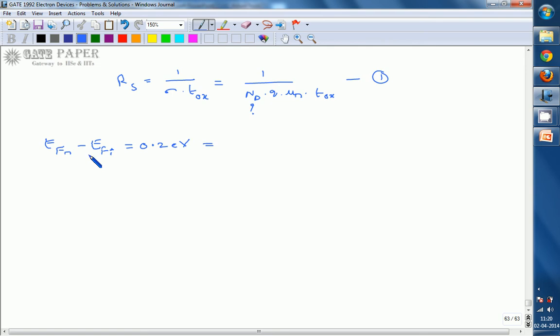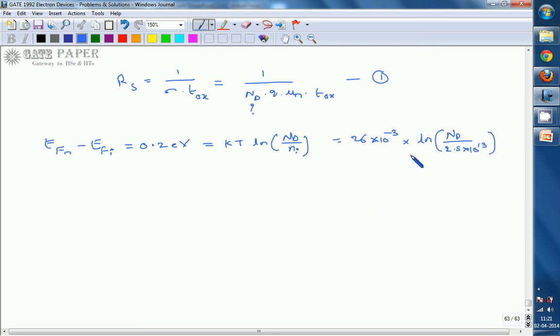The equation EFN minus EFI can be written as kT natural logarithm of Nd divided by Ni. kT is 26 milli electron volts, that is 26 into 10 power minus 3 electron volts, into natural logarithm of Nd, which is not known, divided by Ni. Ni is the intrinsic carrier concentration of germanium, given as 2.5 into 10 power 13.